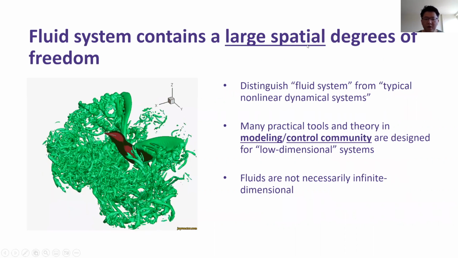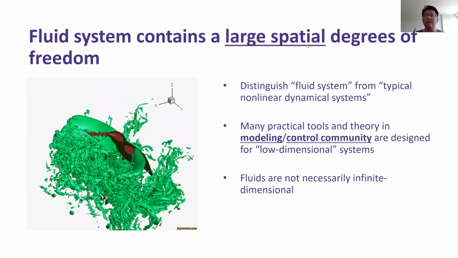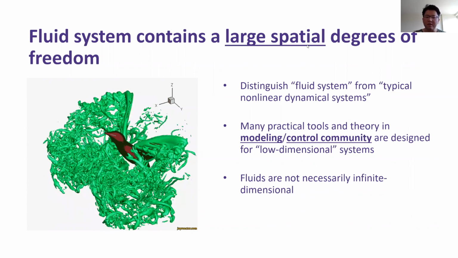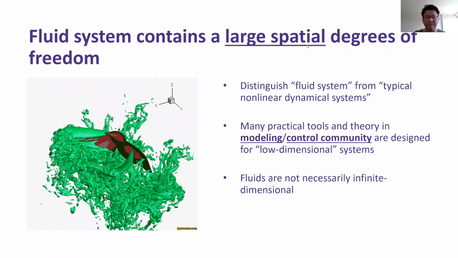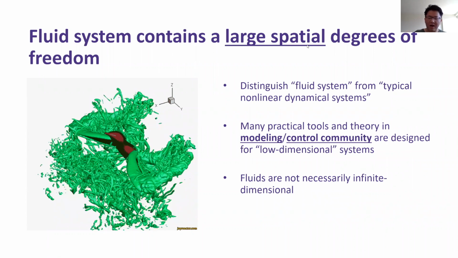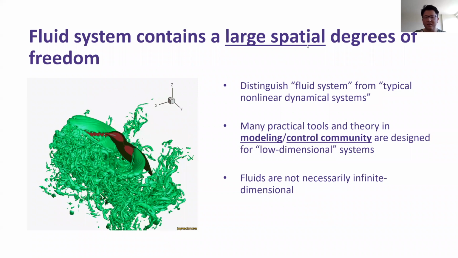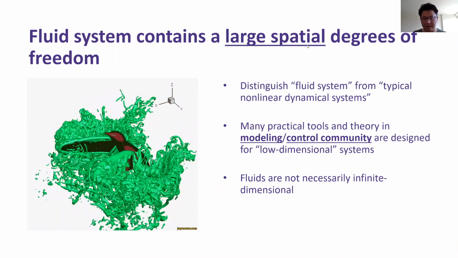So I know most of you are probably in the control community, so I want to find an overlap between fluids and control. If you draw a Venn diagram, the overlap is basically the dynamical system perspective.